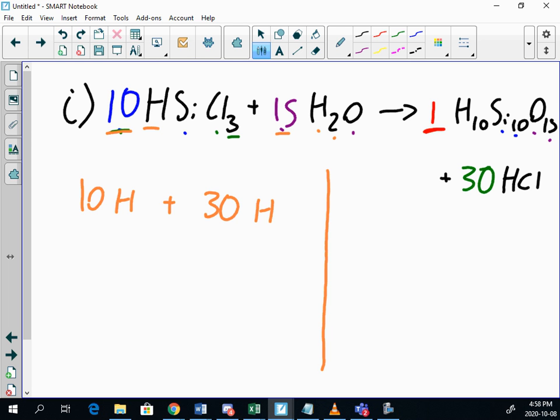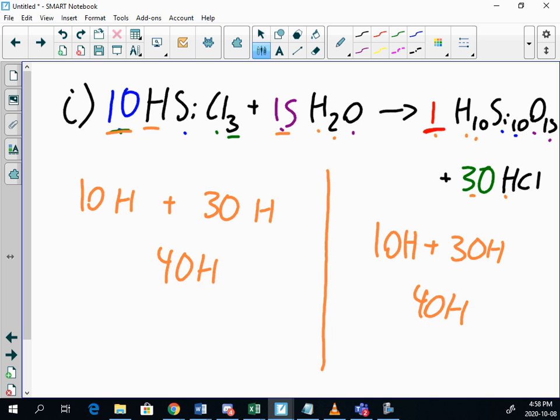So I've got 30 hydrogens, meaning there are 40 hydrogen atoms involved altogether in my reactants. Over here, I've got one group of 10 hydrogens, and then I've got 30 hydrogens here, which works out one more time to 40 hydrogens among my products.